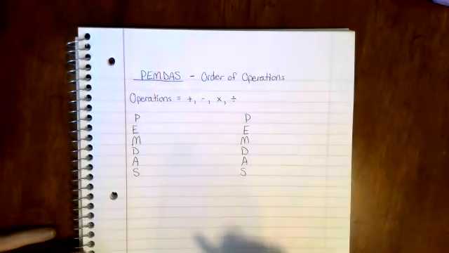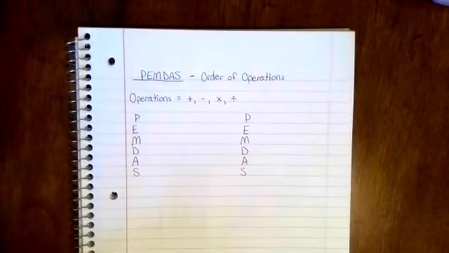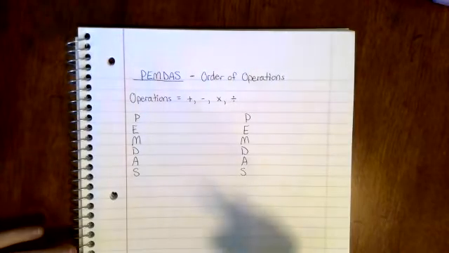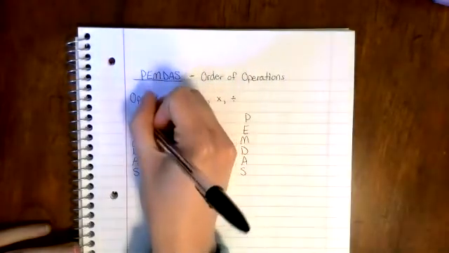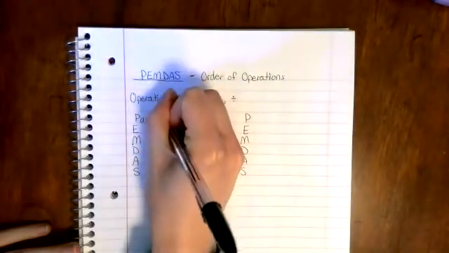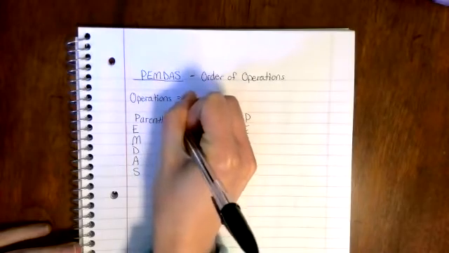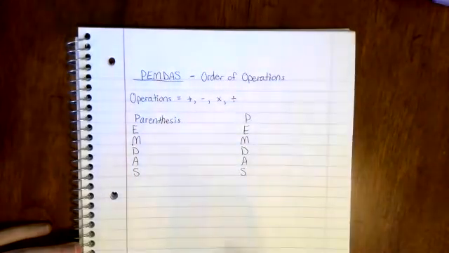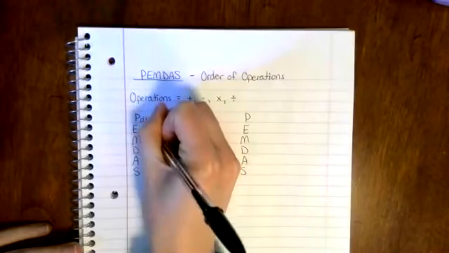There's also some symbols that we use in math that help us to know to do something first before we do a different step. So parentheses come first. Okay, then we have something called exponents.